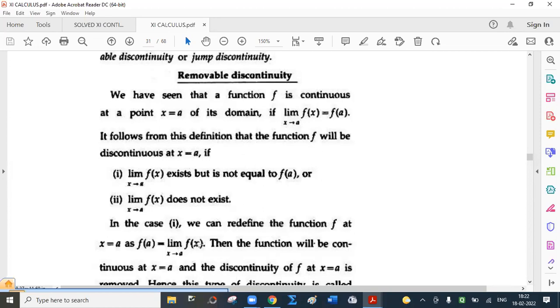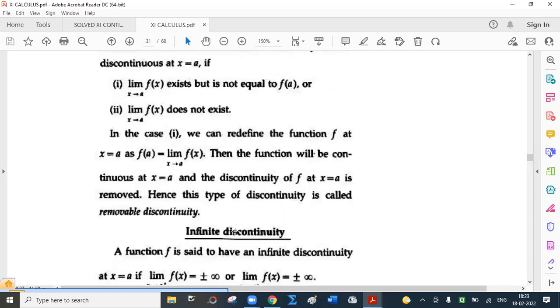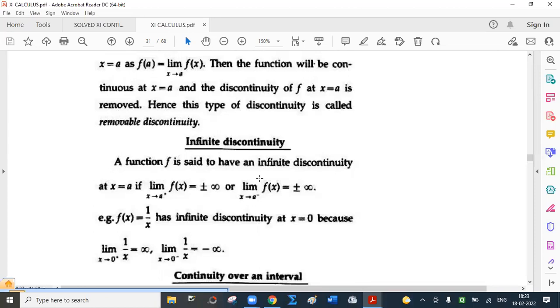I repeat, suppose the value of the limit is 7 and f of a is given to be 11. So clearly they are not equal. So the function is discontinuous. But this discontinuity can be removed. How? By redefining f of a as 7, same as the value of the limit. As these two values become equal, the function becomes continuous. And therefore, it is called a removable discontinuity.